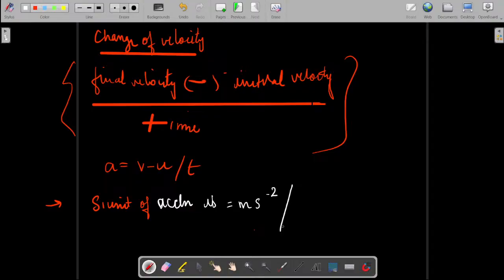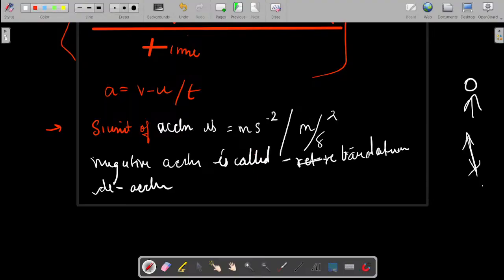Okay, next. I'll start with the question. Question number 1 from acceleration. After acceleration, it is the equations of motion. So be ready.